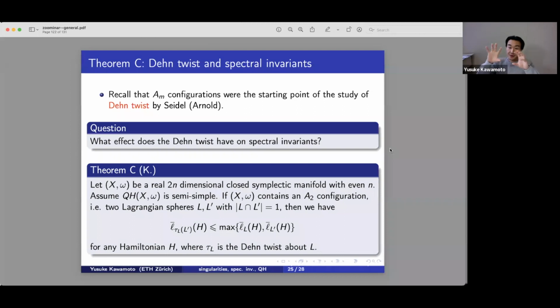There's a Dehn twist coming from the Lagrangian L, and you can twist the second Lagrangian with respect to the Dehn twist, and you get a new Lagrangian sphere. Now I want to compute the asymptotic spectral invariant of this Dehn twisted Lagrangian sphere. The claim is that it's not going to be more than the maximum of the asymptotic spectral invariants of the Lagrangian spheres involved in the procedure, so L and L prime.